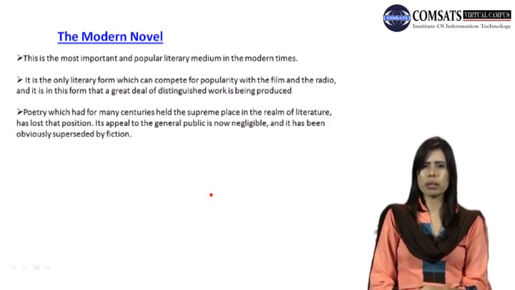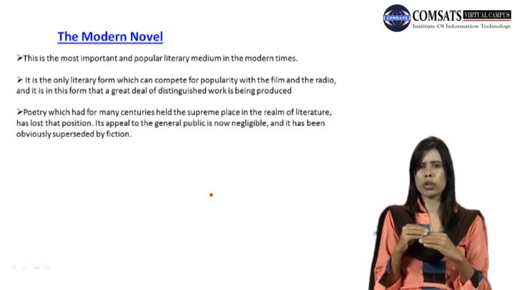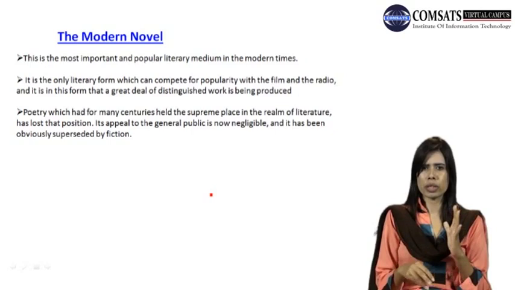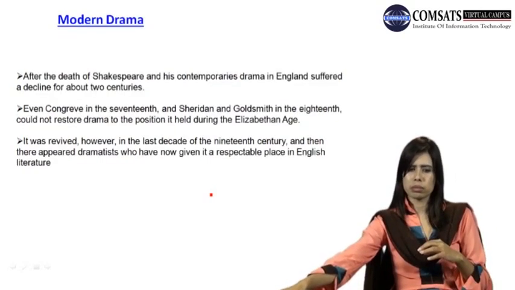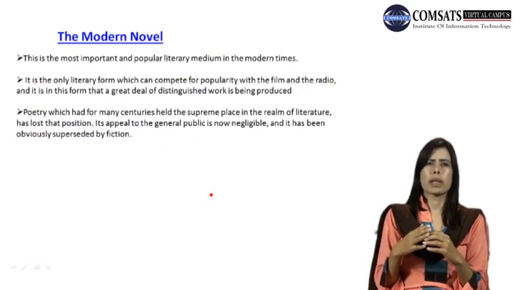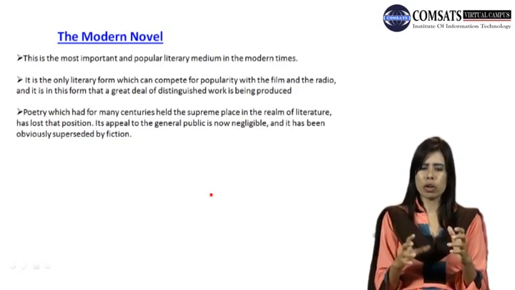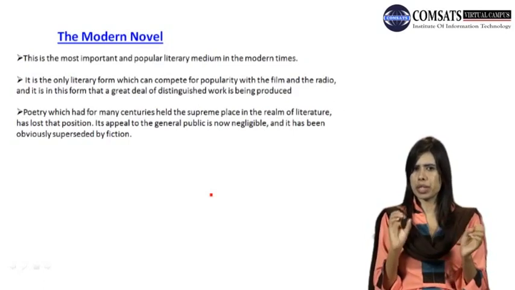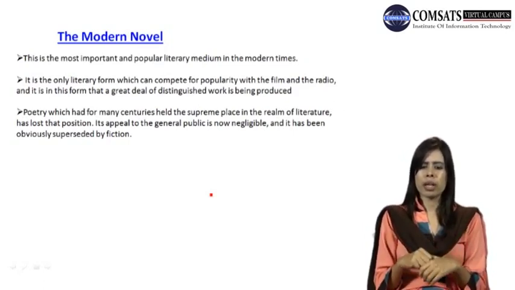So here you can see, my dear students, as I told you before, that in the Romantic period poetry was on the top, in the Victorian period the novel was on the top, and in the modern period the novel is again on the top. So poetry lost its position to some extent. Why? Because of the new trends in literature.